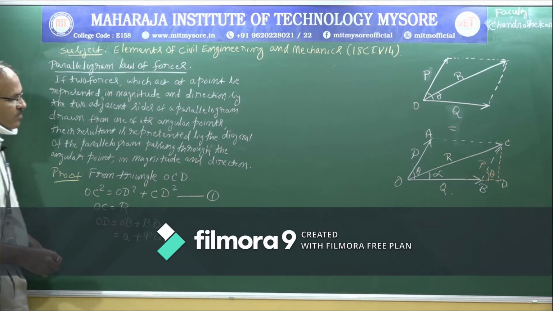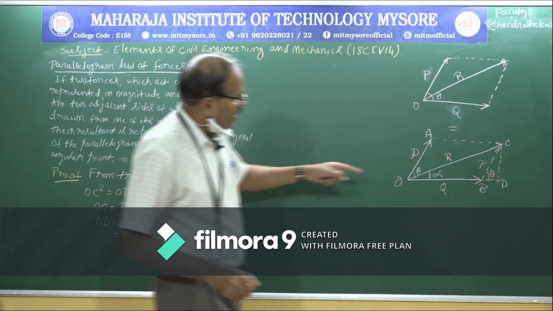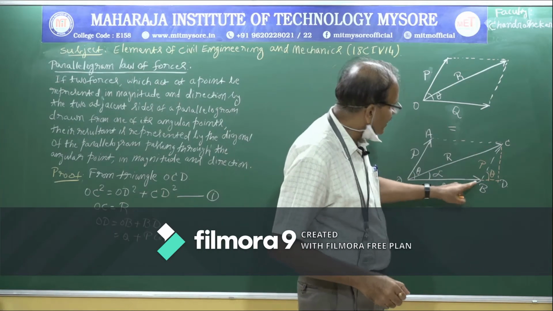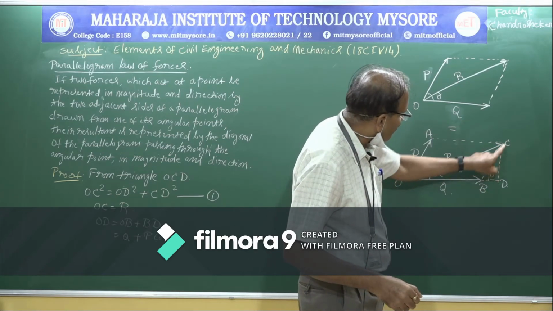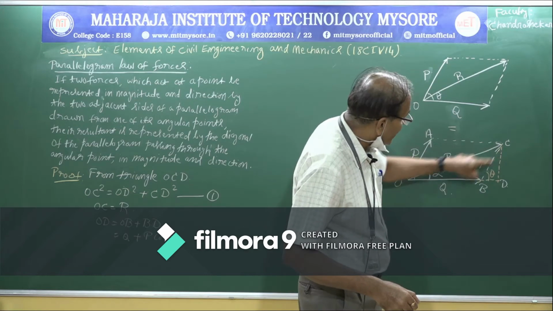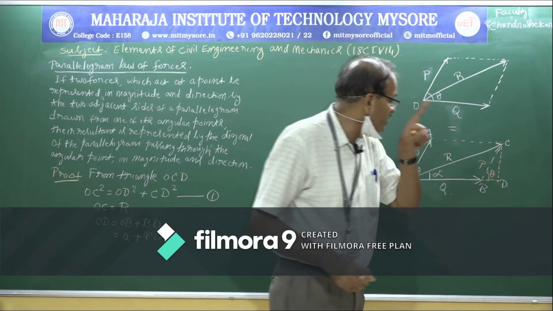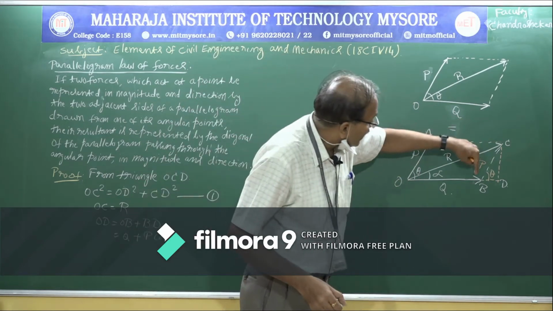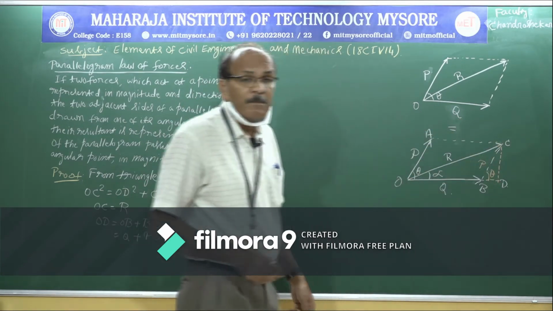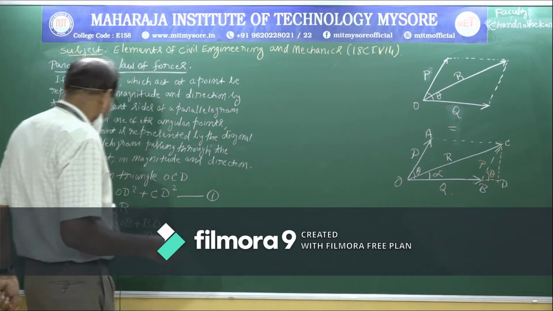Okay. Next we will come to CD. Again in this triangle, that is triangle BCD, sin theta equal to opposite side CD divided by the hypotenuse, which is P. So CD equal to P sin theta.